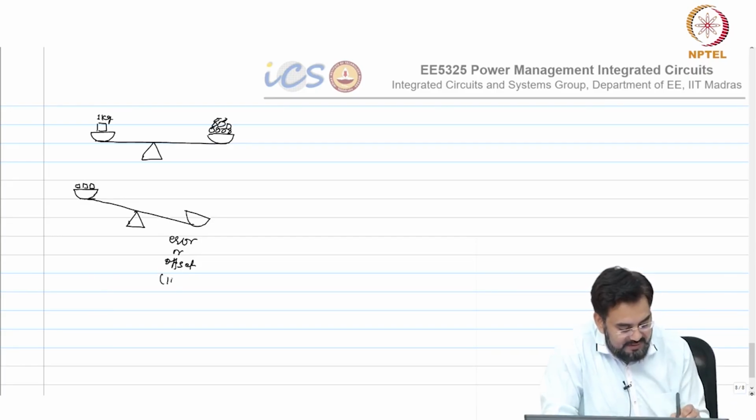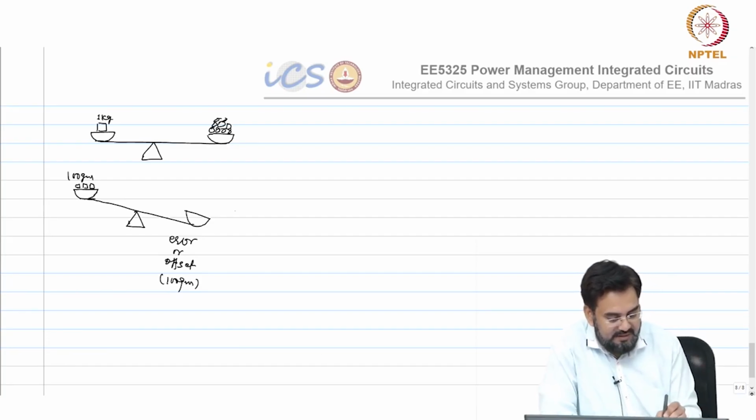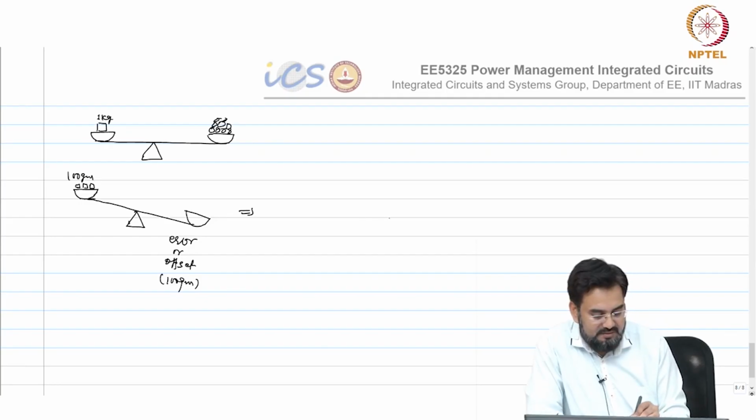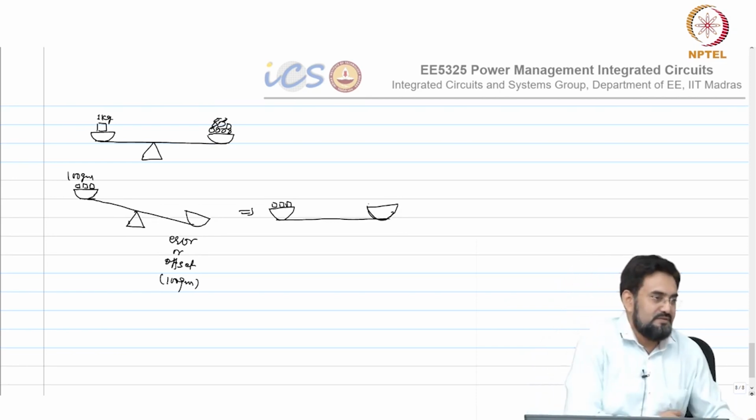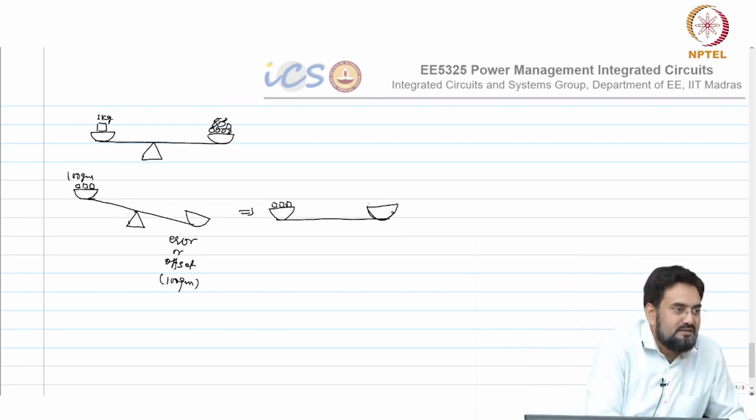So the error is, let's say, 100 gram, and you put a 100 gram weight here, and now this is balanced out, correct.